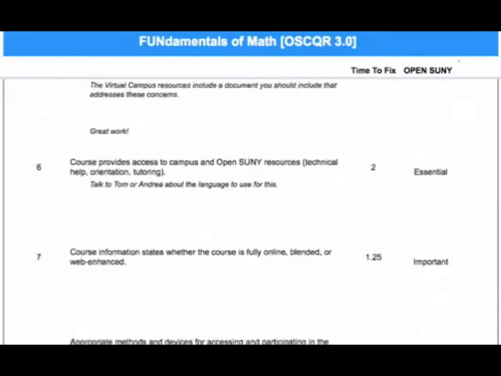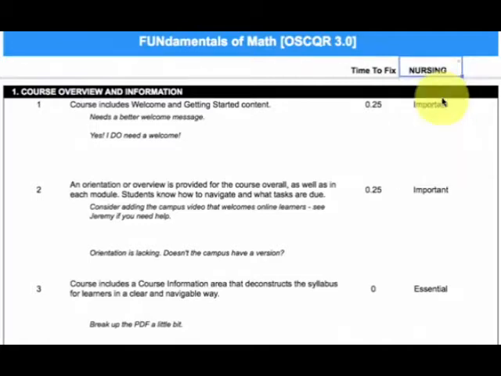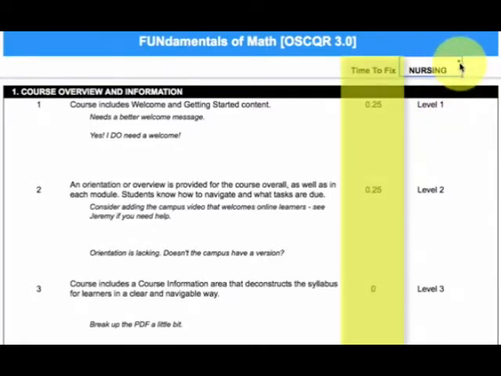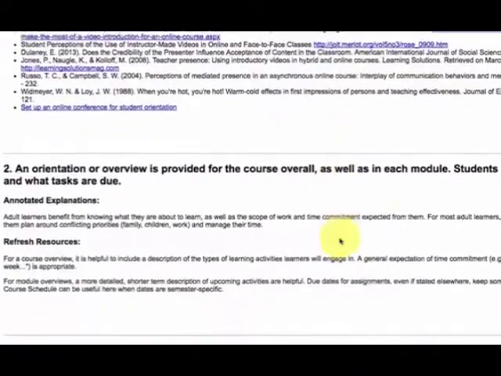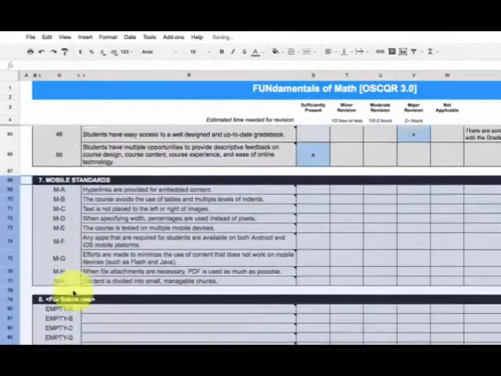The rubric also produces an action plan, allows for prioritization, estimates amount of time to make improvements, offers suggestions and examples for improvements, and accommodates modification and addition of standards.